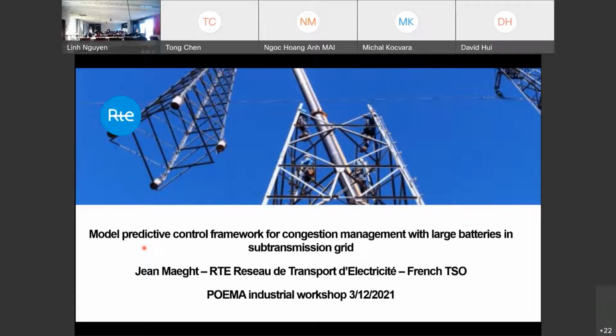It's not a tree, it's really a graph, and it is connected to the very high voltage grid, which is 225 kV, 400 kV. And here we are in the middle of a project for automatic congestion management with large batteries, but also renewable energy curtailment or limitation.